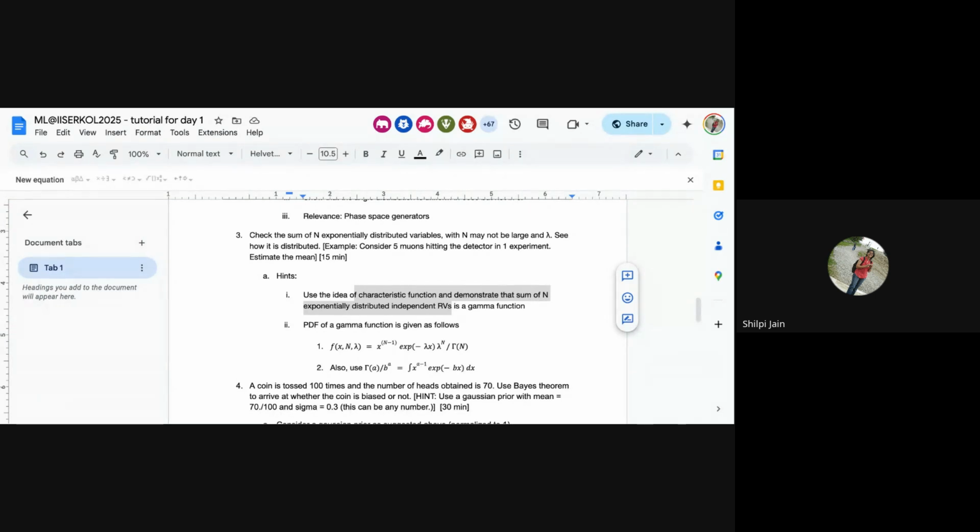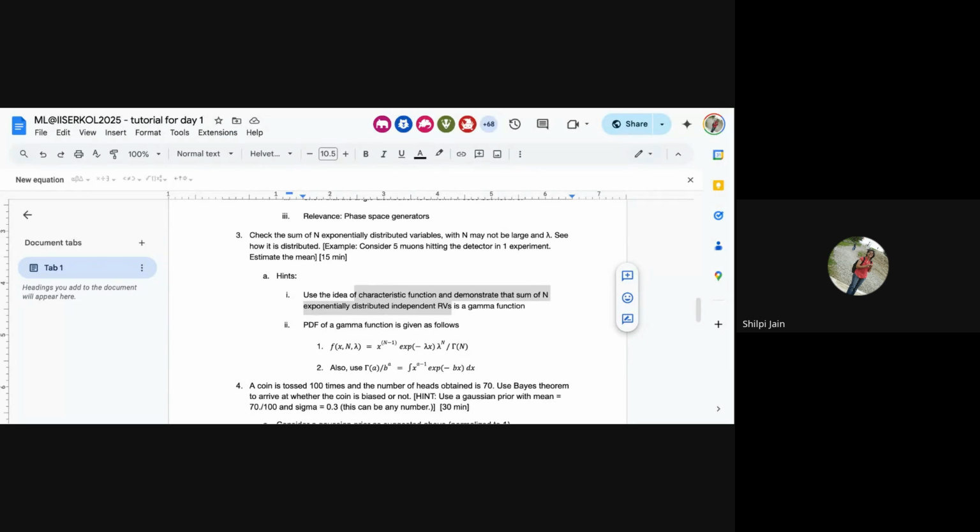That is first one. Then you will find out the characteristic function of an exponential distribution. Then you can get the characteristic function of the sum of two exponentially distributed random variables. So that you can call equation 1. Then I'm just giving you a hint that when you sum two exponentially distributed random variables, their distribution follows a gamma function.